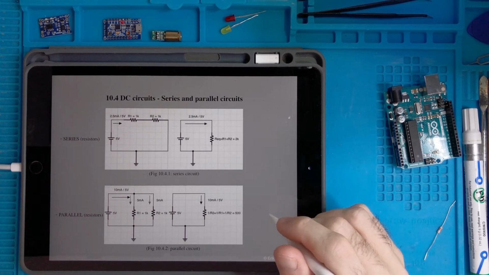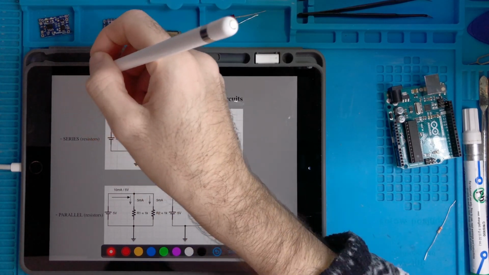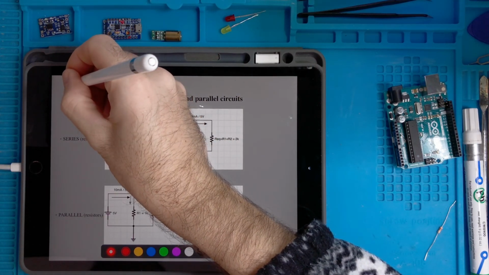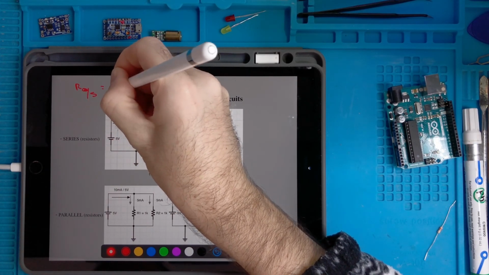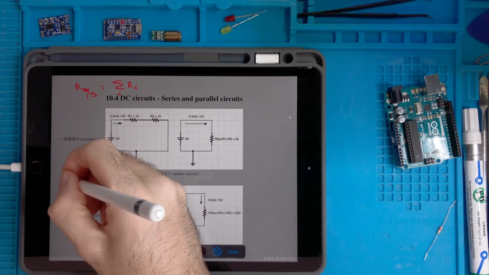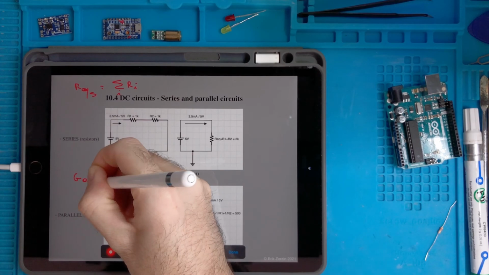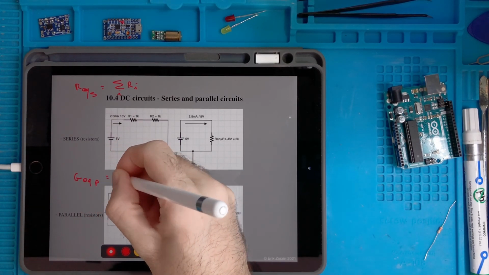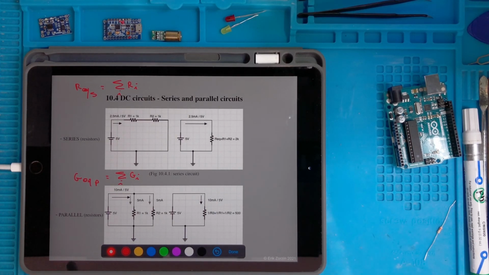So we can say that R equivalent series is the summation of the resistances, and G equivalent parallel is the summation of the conductances. It works for any number of resistors in series or in parallel.